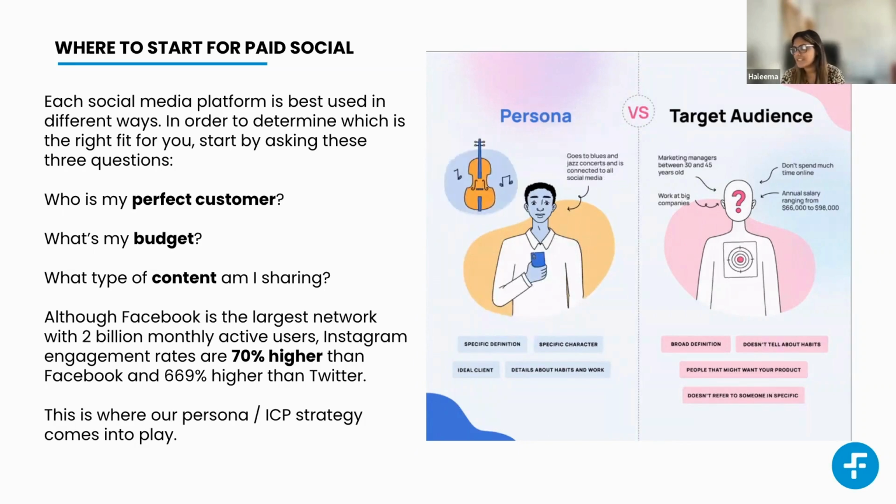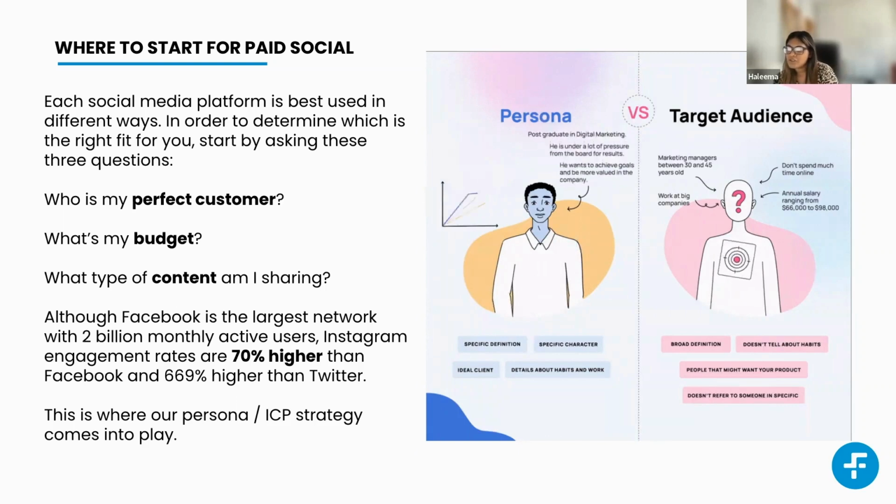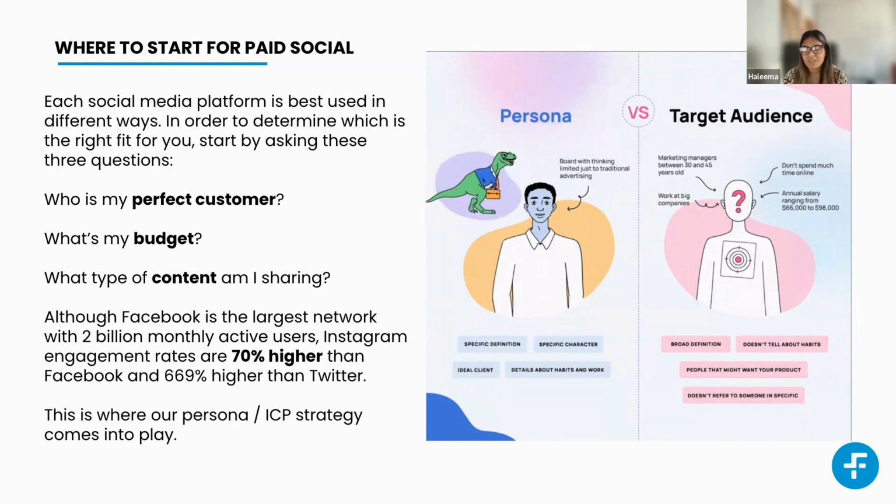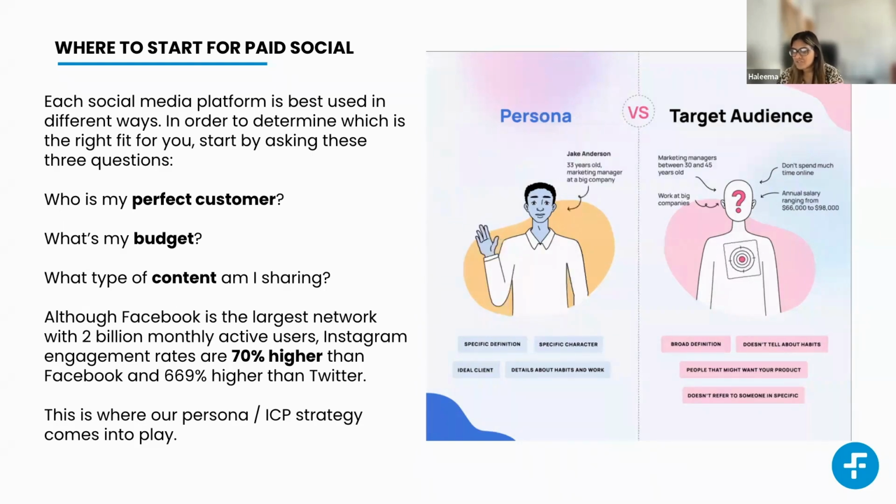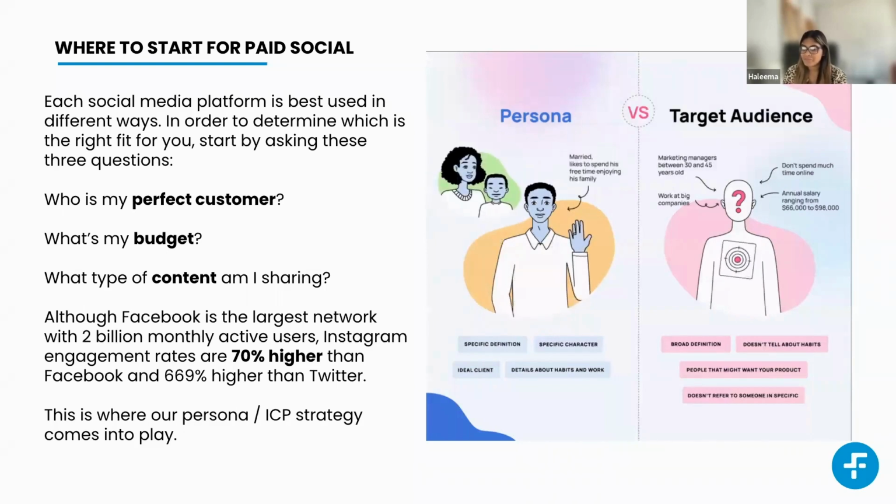It goes into detail, whereas the target audience is quite broad, and it doesn't really tell you about the habits, what they like, and it might be people that don't actually want your product, and it's not specific. So this is where the content stuff and paid media overlap and come into play.